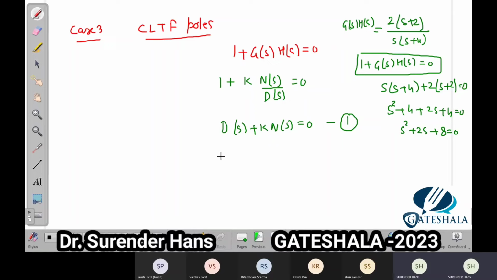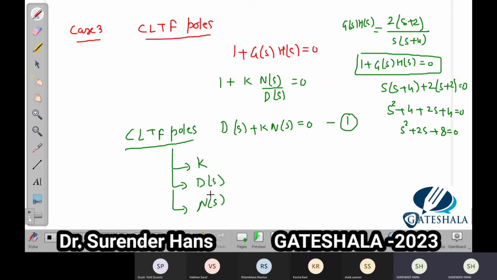So this equation number 1 indicates the closed loop transfer function poles. These closed loop transfer function poles are a function of gain K, a function of D(s), and a function of N(s).